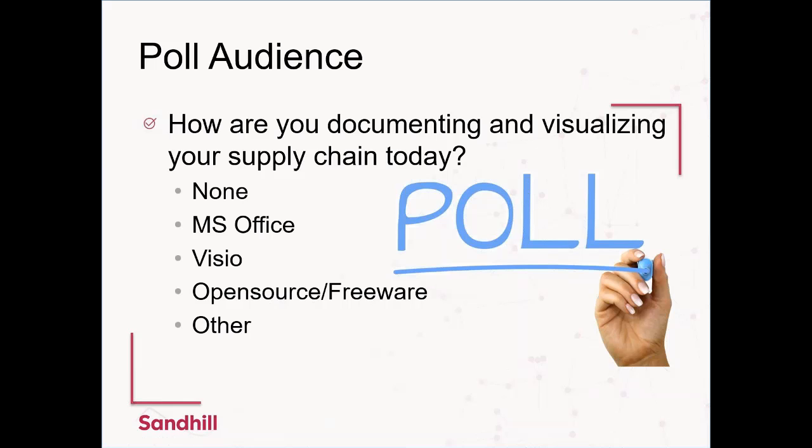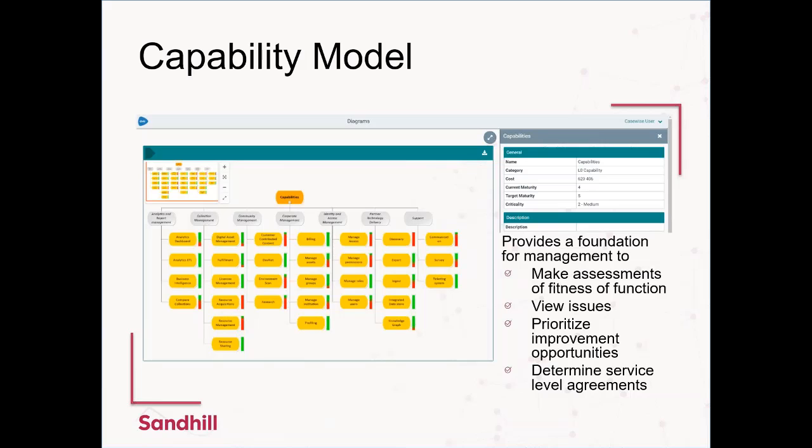Okay, so if there's a good percentage of people that are using Visio, I guess that's a start. Using something is better than using nothing at all. I'm sure that things like Visio and other tools are capable of handling different types of models.